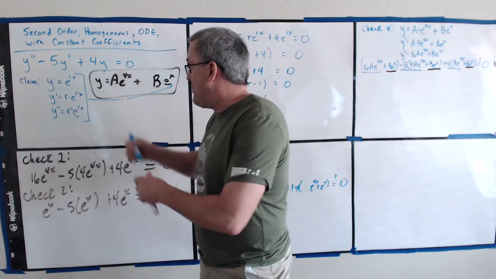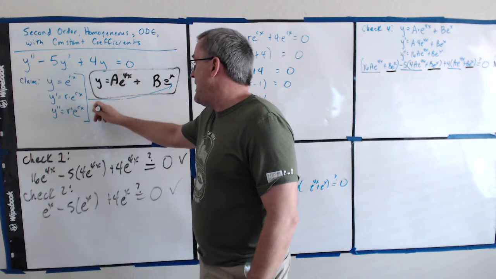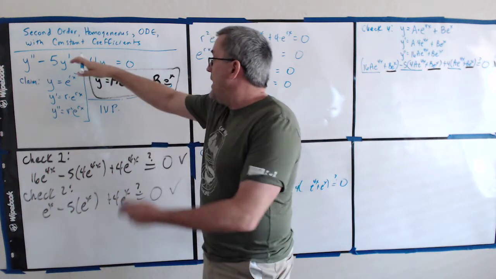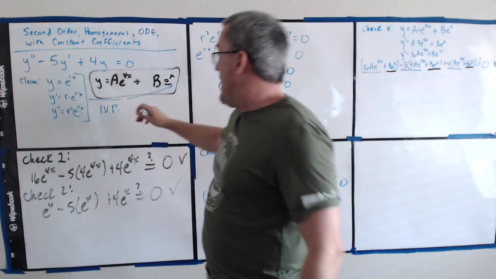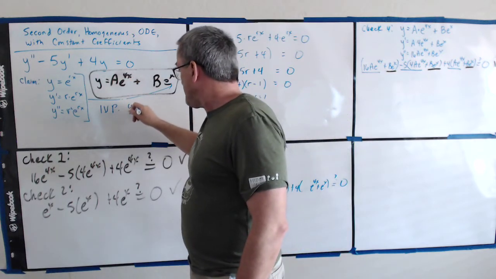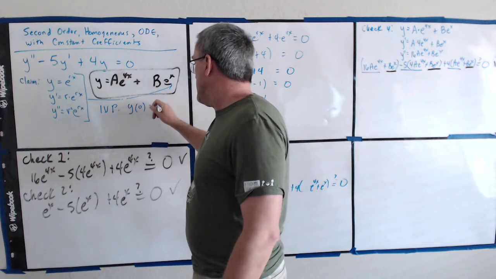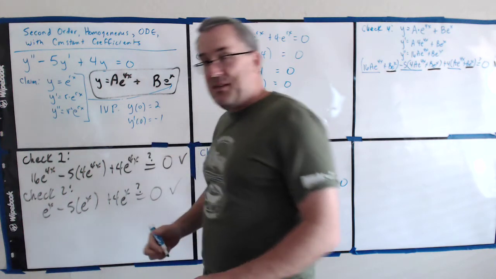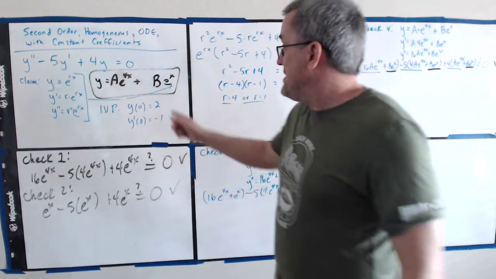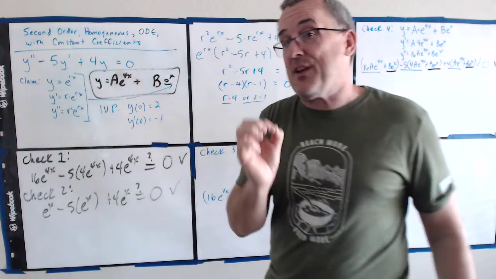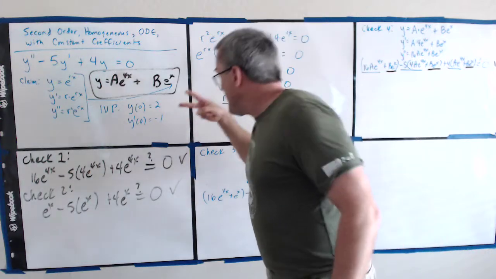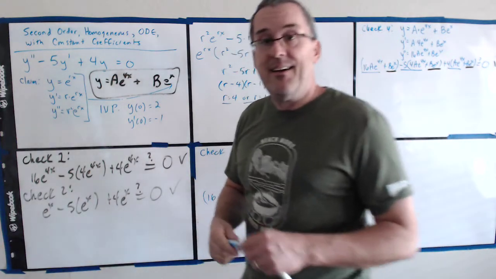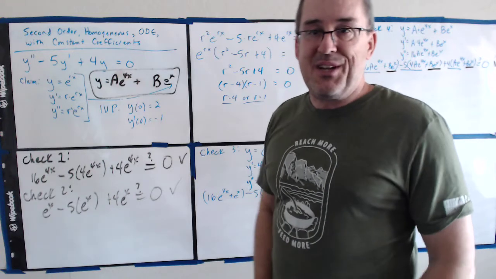In the initial value problem in this second order case, they'll have to tell you y double prime minus 5y prime plus 4y equals 0, and when y at 0 is like 2 and y prime at 0 is like negative 1 or something, they'll have to give you those initial conditions so you could determine the specific solution with the given conditions. But in general, here in black is the solution to this particular case.